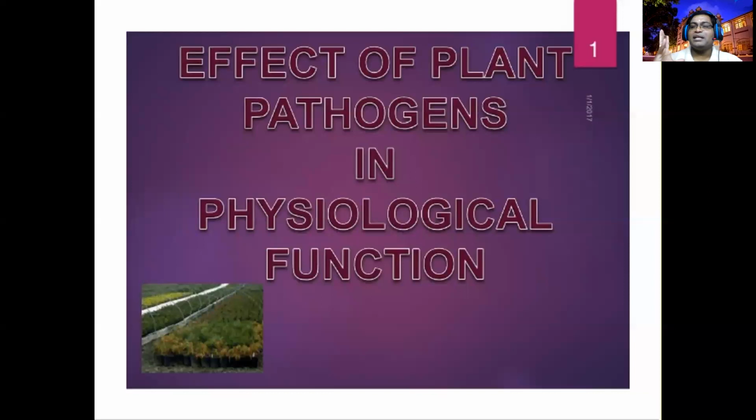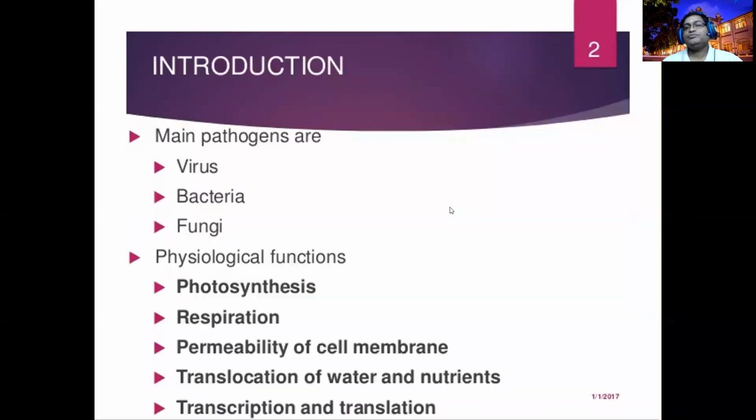That is what is detrimental; otherwise, it is beneficial. If a pathogen causes dysfunction of the normal physiological function, we call it a disease. How these pathogens interfere with plant physiology, we will discuss here.